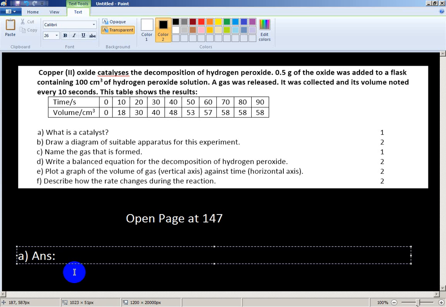A catalyst is a substance. After the reaction, it remains unchanged.